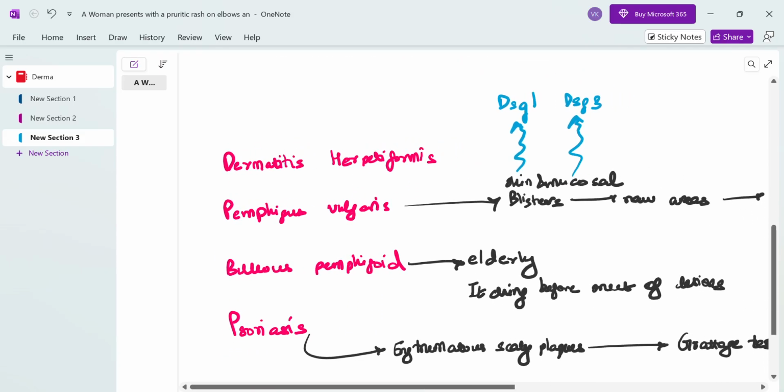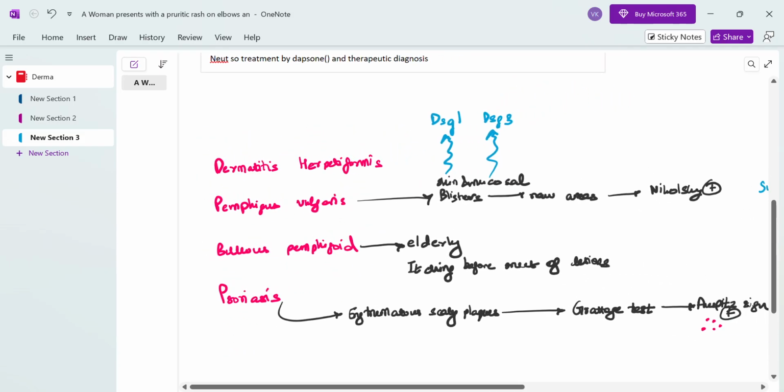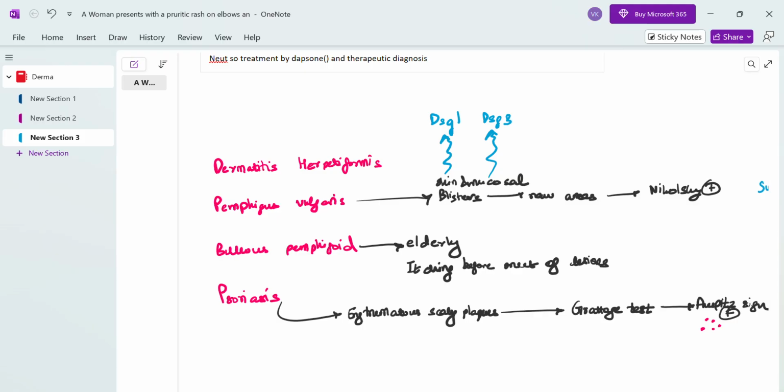Now that we have covered dermatitis herpetiformis, we will see some points about the other options also: pemphigus vulgaris, bullous pemphigoid and psoriasis. Pemphigus vulgaris and bullous pemphigoid are both autoimmune blistering conditions. They present with blisters. In pemphigus vulgaris, we see skin and mucosal blisters, whereas in pemphigus foliaceus, we get blisters only on skin, no mucosal involvement. Why?